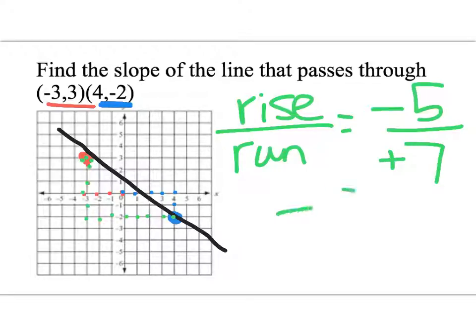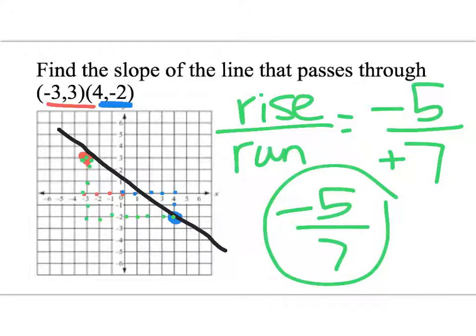So that means your slope is -5 over 7. It's a negative slope, and if you look at your graph from left to right, it looks like the line is going down from left to right, so it should be a negative slope. Okay? So if the line is going up from left to right, it should be a positive fraction. If it goes down from left to right, it should be a negative fraction.